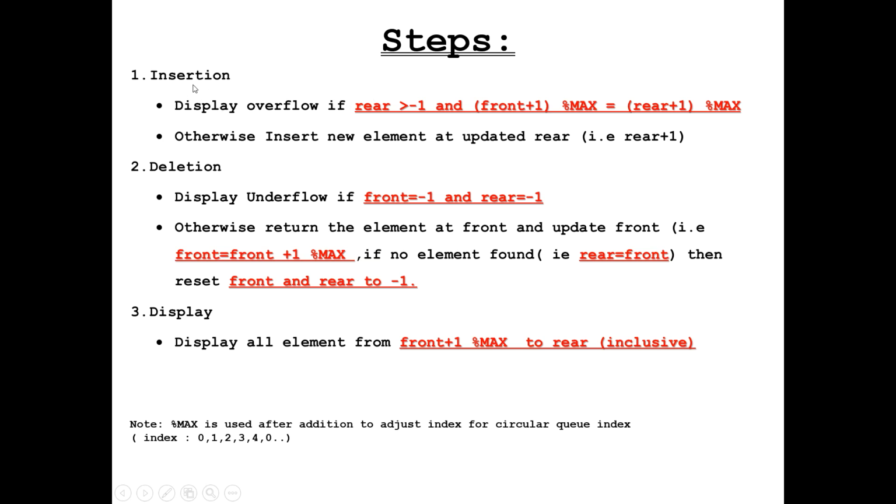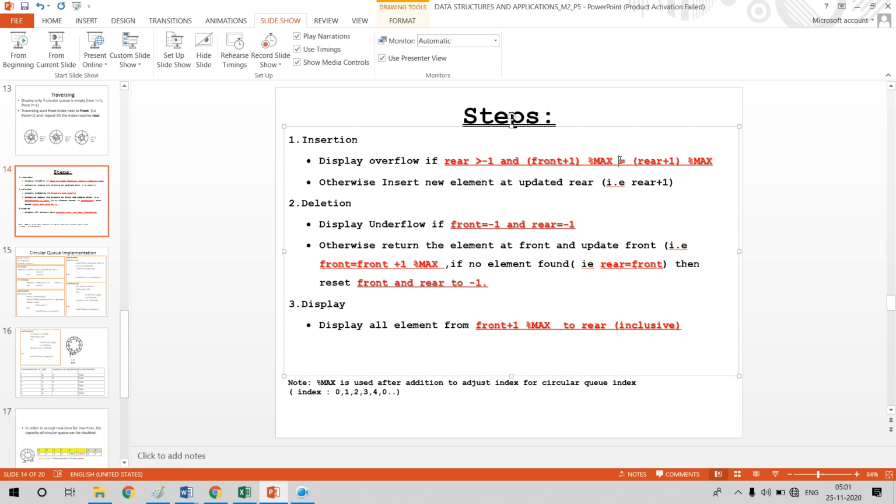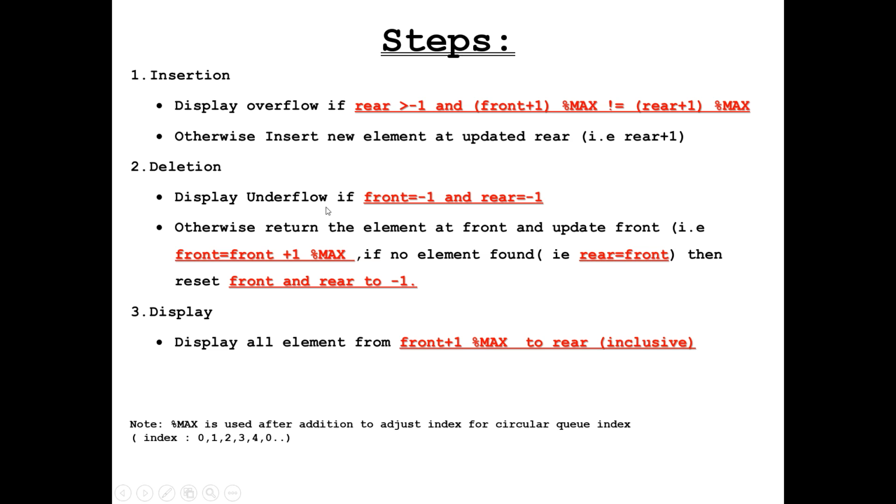We have seen insertion happens only if this part is false. If rear is greater than -1 and front is not equal to max. It is underflow if front equal to -1, rear equal to -1. Otherwise, at front plus 1, insert the new element. Display should start from front plus 1 to max. This is how the circular queue works.